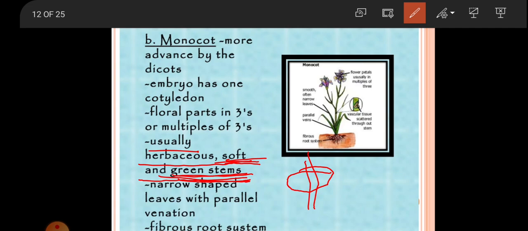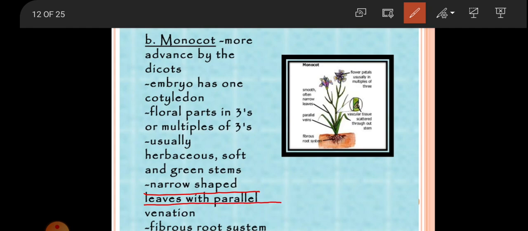And here, narrow-shaped leaves with parallel venation. Narrow-shaped leaves are present, like this. Narrow shape means the leaves are not broad.